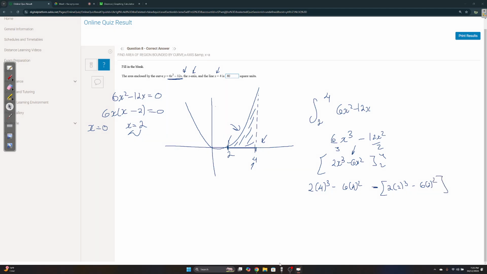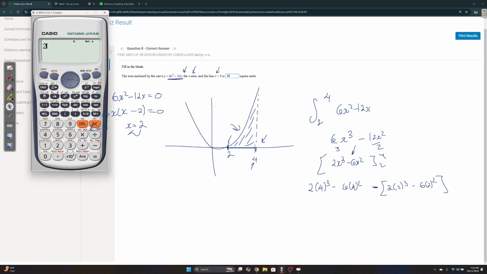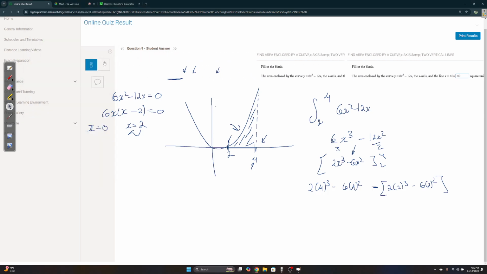Okay. 2 times 4 cubed minus 6 times 4 squared, minus 2 times 2 cubed minus 6 times 2 squared, you get 40. Okay.